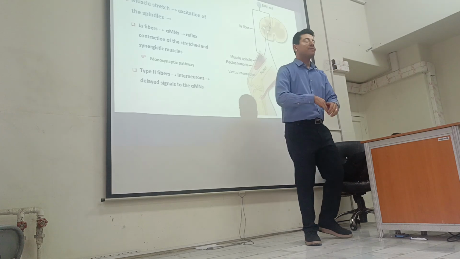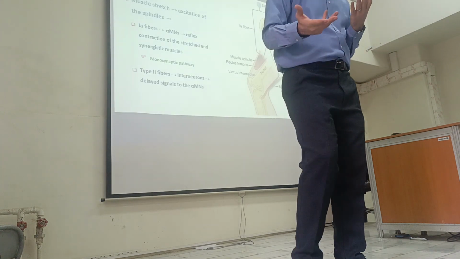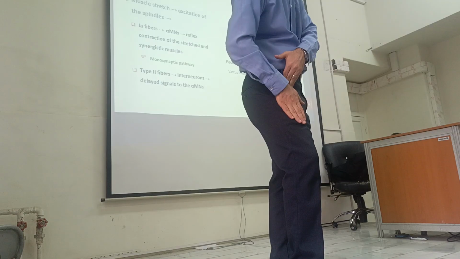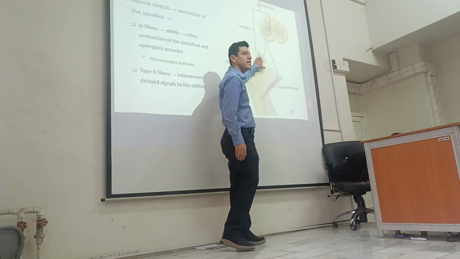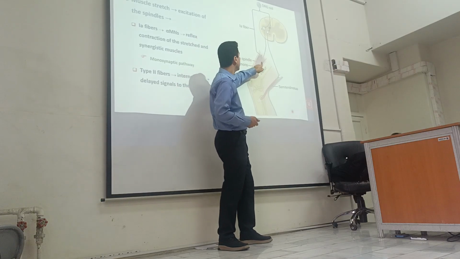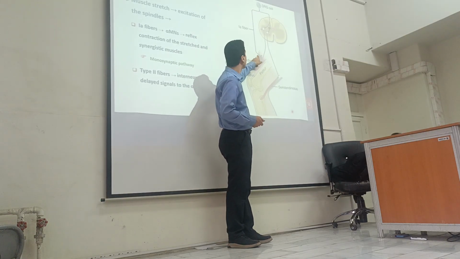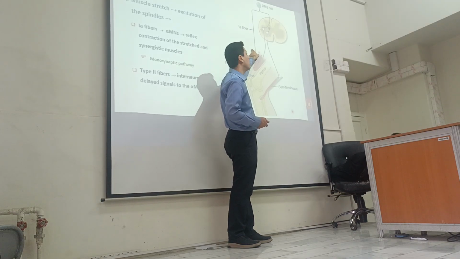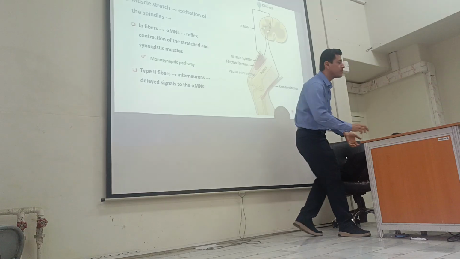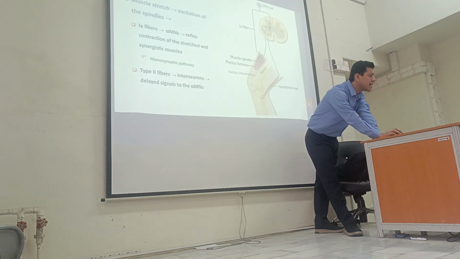Okay. We are talking about the stretch reflex, right? Now, imagine that this muscle, the extensor of the knee, is stretched. The spindle is activated. Action potentials go to the spinal cord through the 1A fiber. It reaches the spinal cord. In the spinal cord, it has two branches. The first branch goes directly to the alpha motor neuron. Alpha motor neurons come back to the muscle and cause contraction.